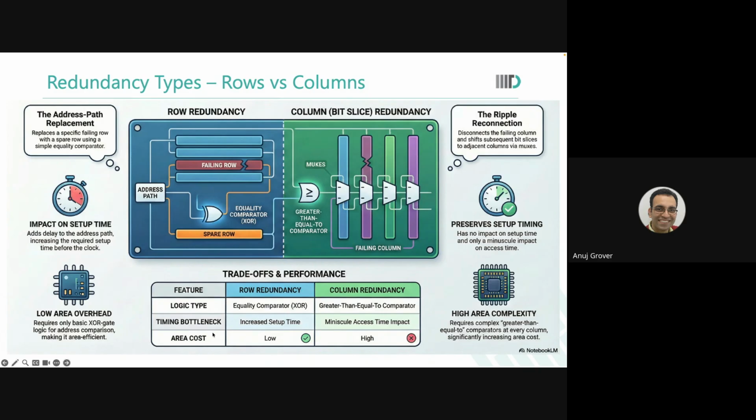Now suppose you said, no, I do not want to put a comparator before the mux. I will put a comparator after the mux. So if this fails, you are saying this is failing. So now you are replacing this output into this IO, this output into this IO.